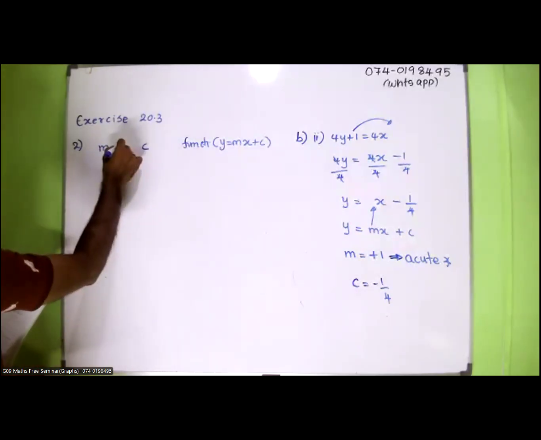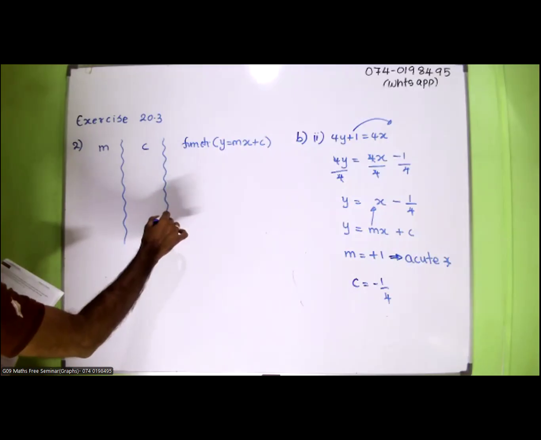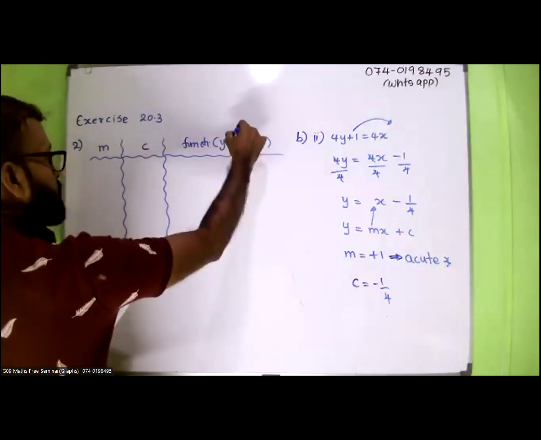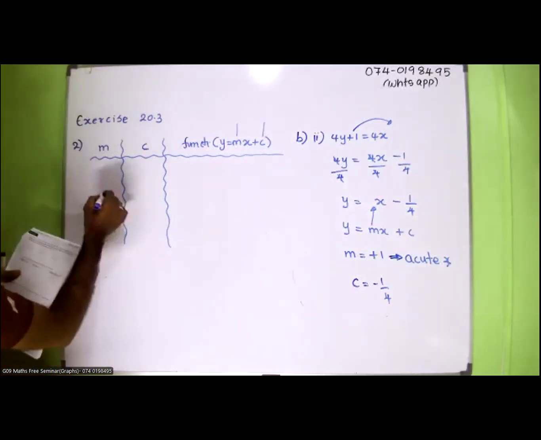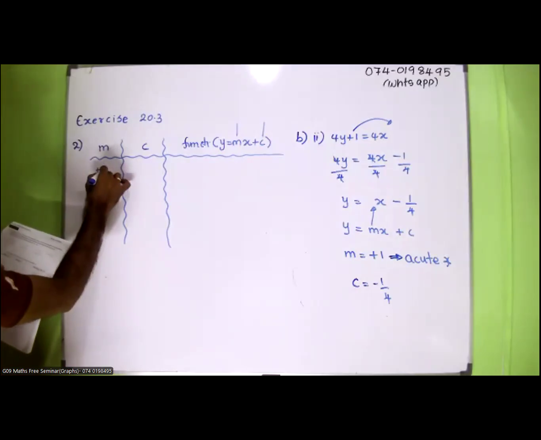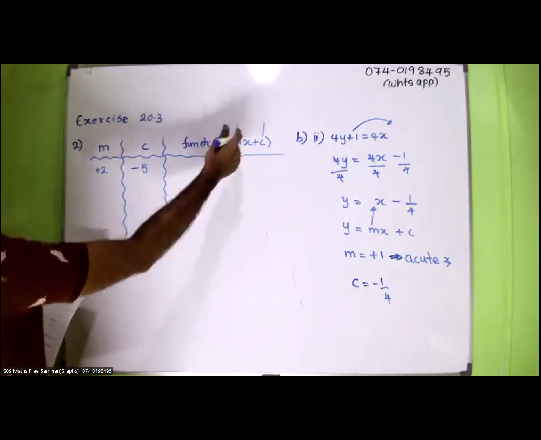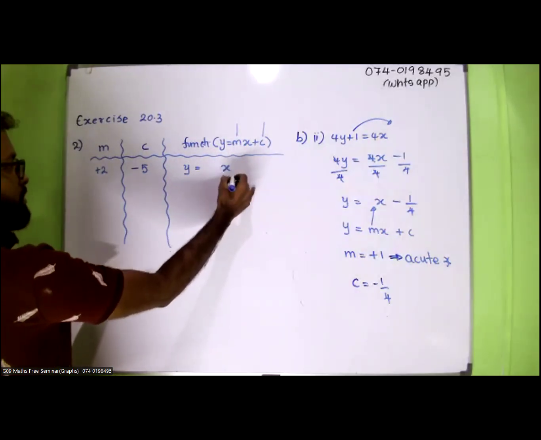When you are given the gradient and c, you just substitute instead of m and instead of c. M is positive 2, c is negative 5.